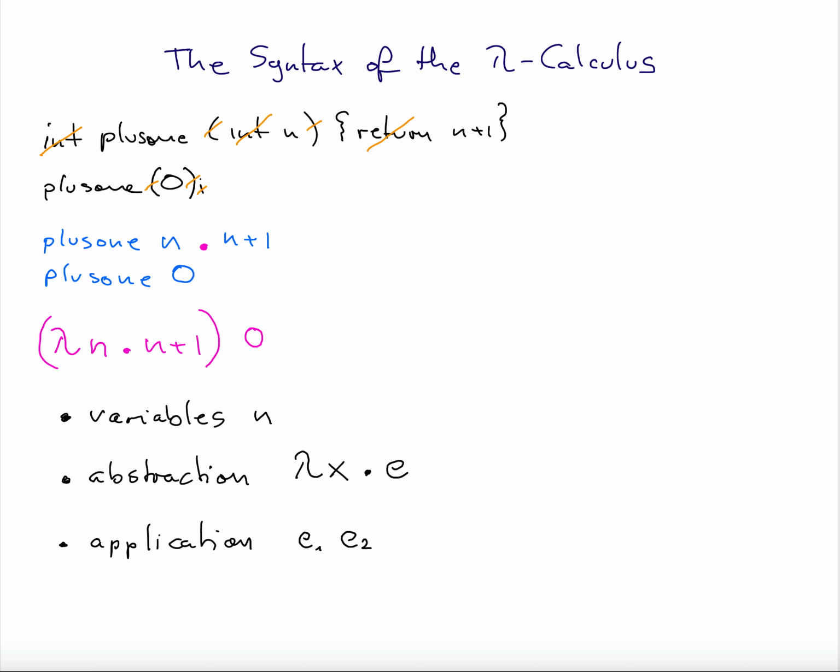So maybe you could say, oh, but there's still something more than just variables, abstraction, and application, right? We still have a plus, and a 1, and a 0. There are two possible reactions to this.